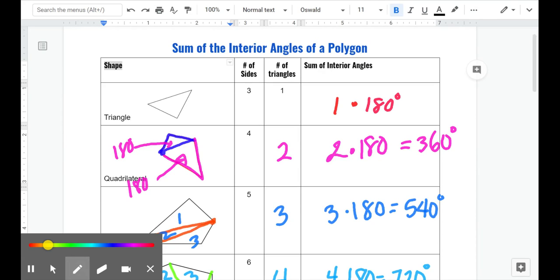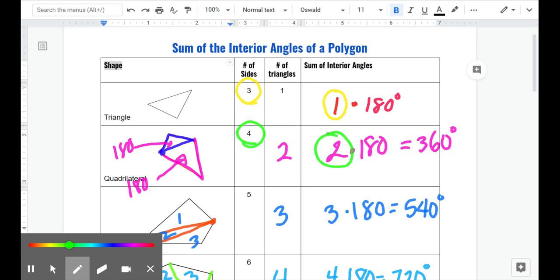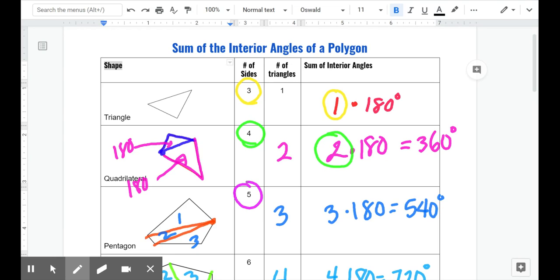So notice that the number of sides here is 3, but the number we multiply 180 by is 1. And the number of sides here is 4, but we multiply by 2. The number of sides is 5, but we multiply by 3.